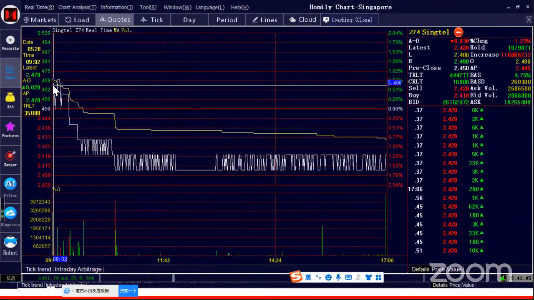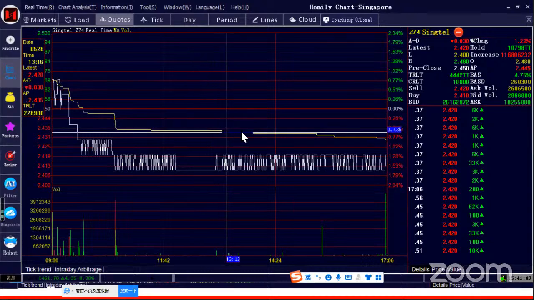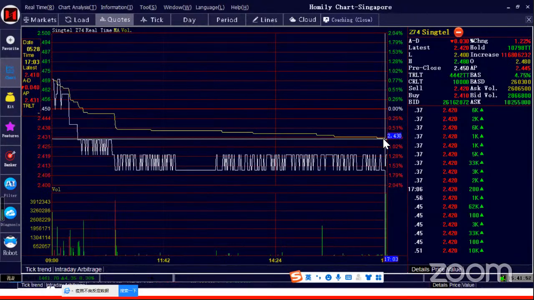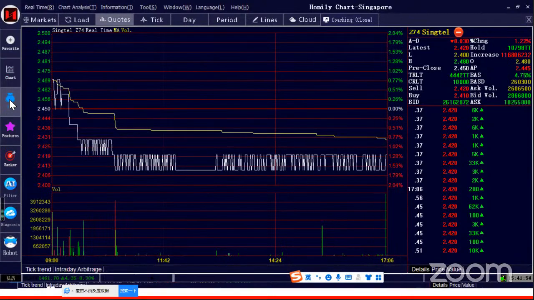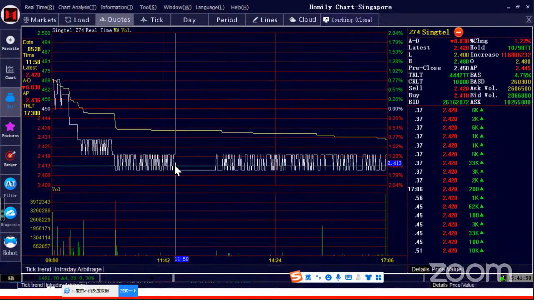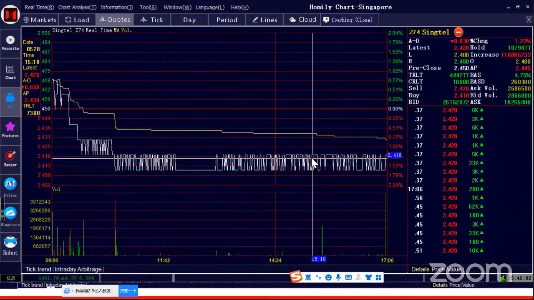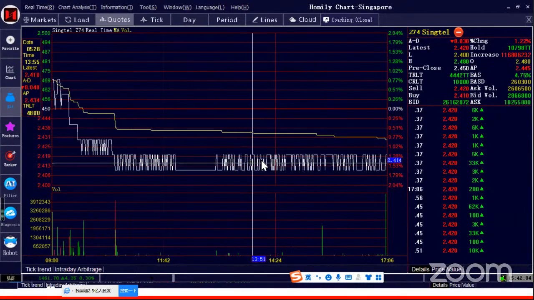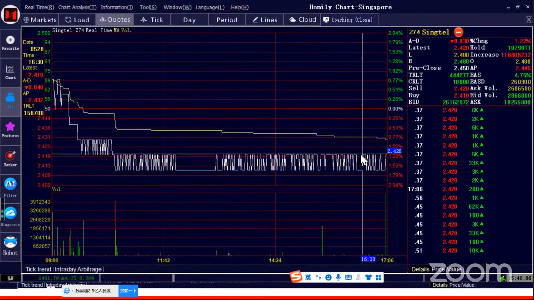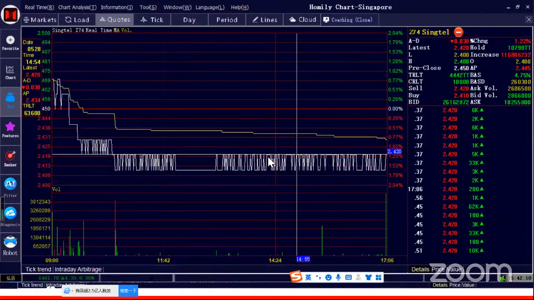That means Singtel, in fact, is a down day. And the white line, which is the actual trade price, is below the yellow line. So Singtel for the day was very bearish, right?